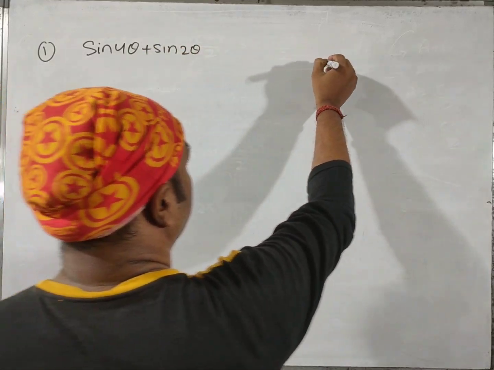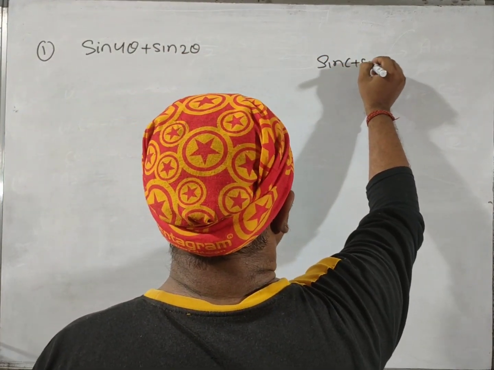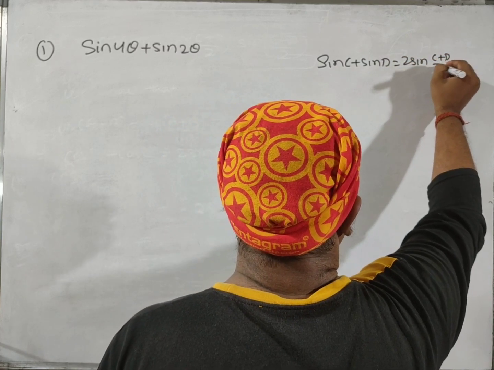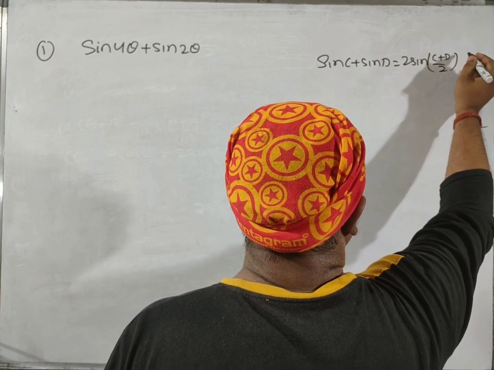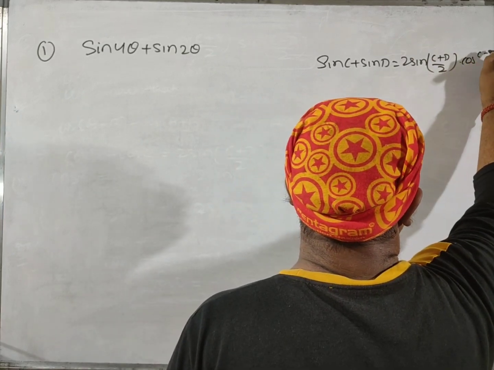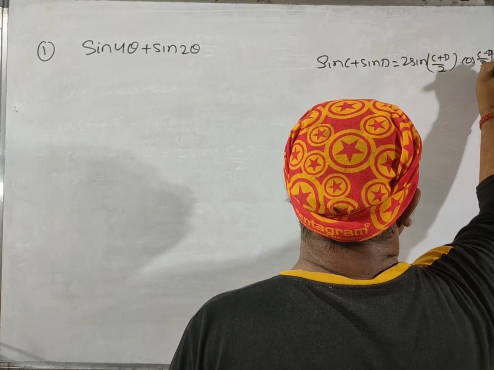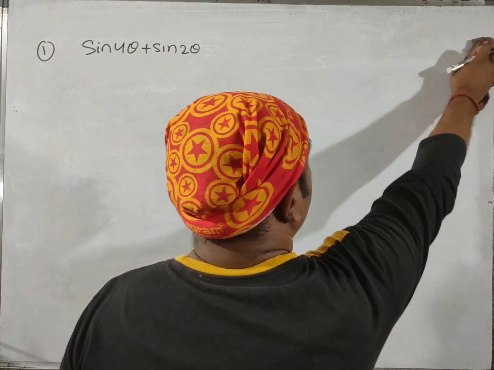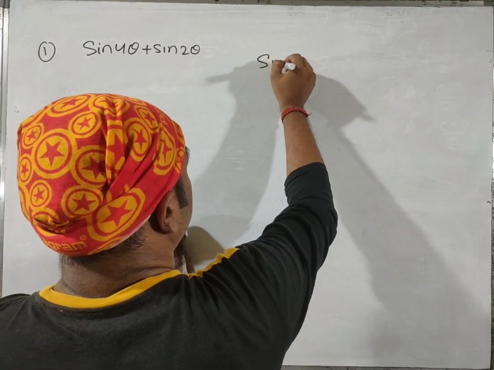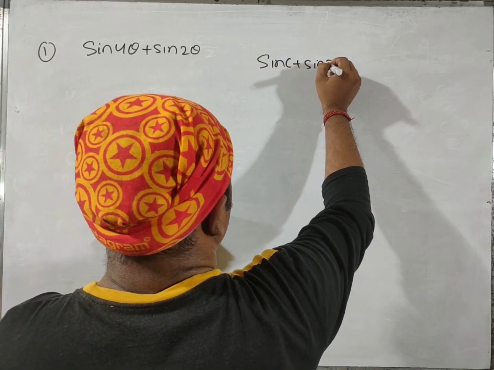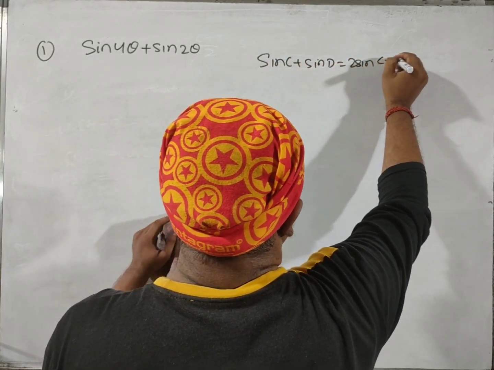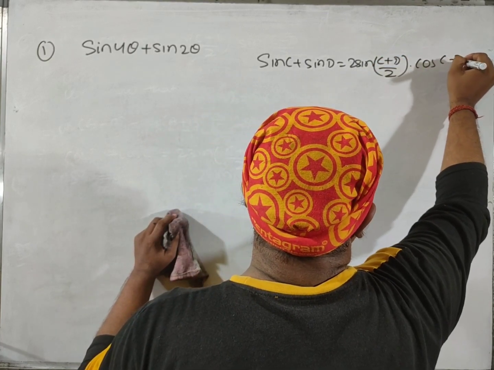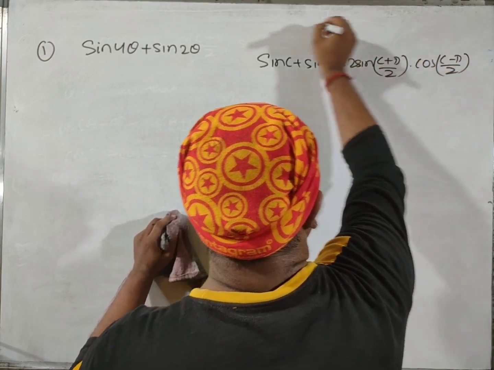It is based upon sin C plus sin D, which is equal to 2 sin((C plus D)/2) into cos((C minus D)/2).